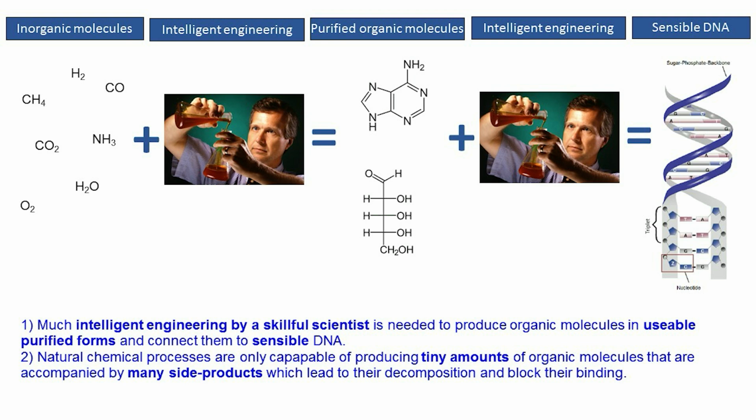These side products are present in large quantities and inevitably lead to the decomposition of the unstable organic molecules and effectively block their binding to form macromolecules like DNA polymers. Furthermore, no natural process is known which would be able to write a sensible genetic code. An intelligent mind is required that can purposefully arrange the nucleobases in meaningful sequences.